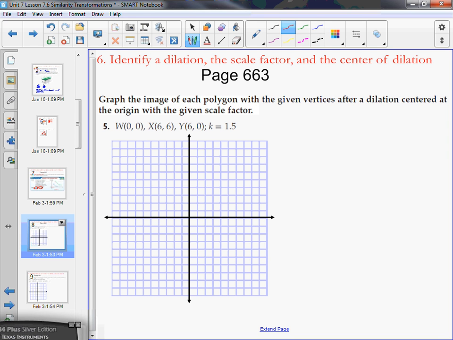This is number 5 on page 663. So watch what I'm doing here. Write these down. Sketch a coordinate plane real quick. It doesn't have to be a good one.